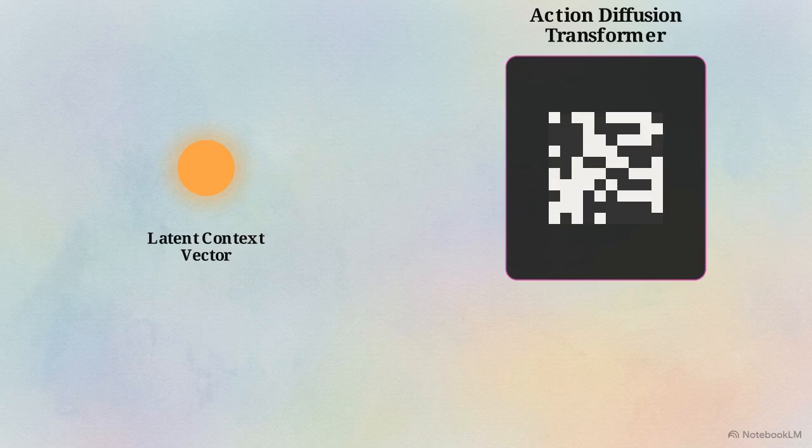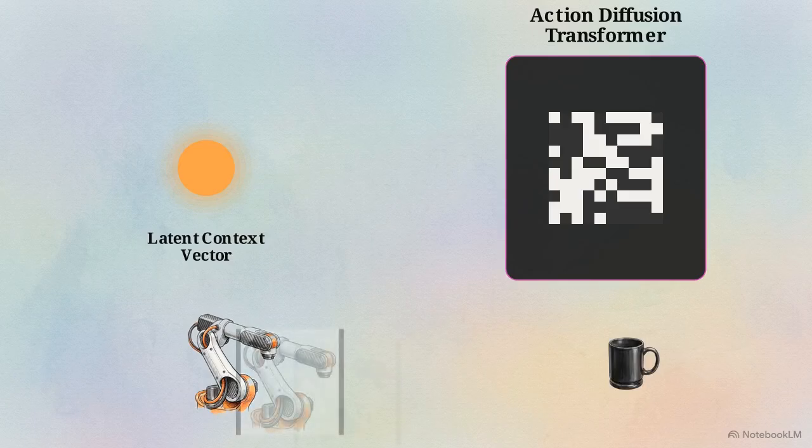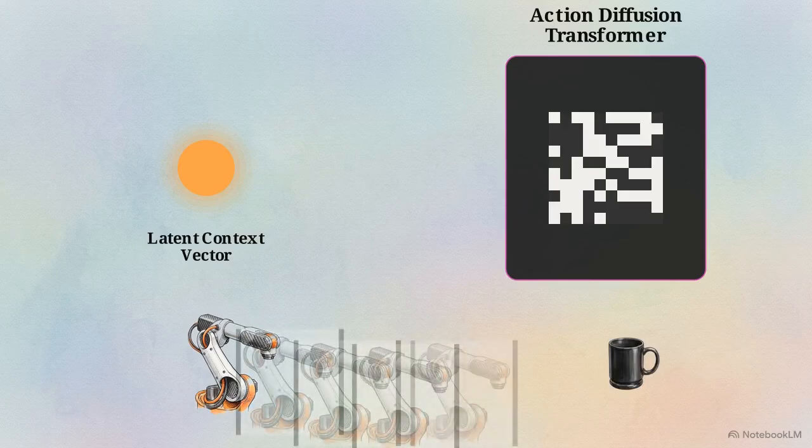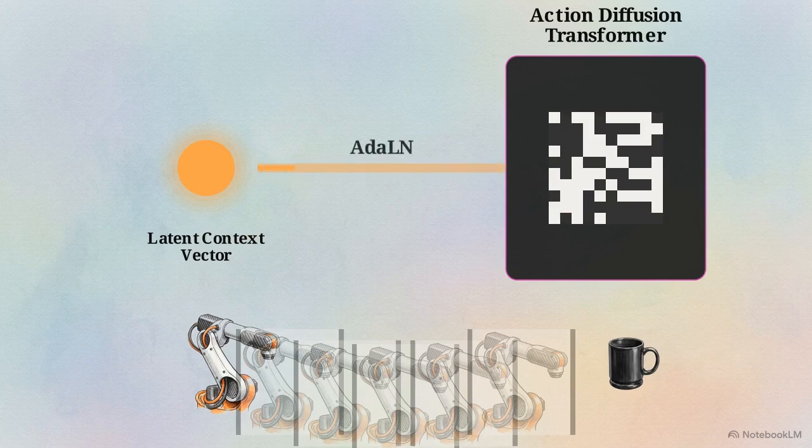Instead of predicting a single instantaneous motor command, the decoder predicts an entire sequence of future movements, known as an action chunk. Formulating trajectories in chunks prevents the robotic arm from getting trapped in local minima or halting mid-motion. The mechanism linking the encoder's situational awareness to the decoder's physical execution is adaptive layer normalization, or ADALN.